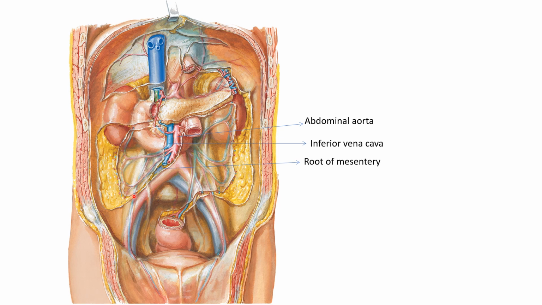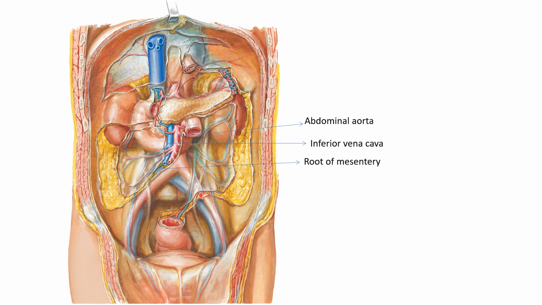Then the ascending colon is retroperitoneal, and the descending colon is also retroperitoneal. After suspending the small intestine, the layer, here you can identify the lower layer, which is the left-sided layer. After reaching the posterior abdominal wall, it descends further down, and then again it suspends the sigmoid colon as the sigmoid mesocolon.